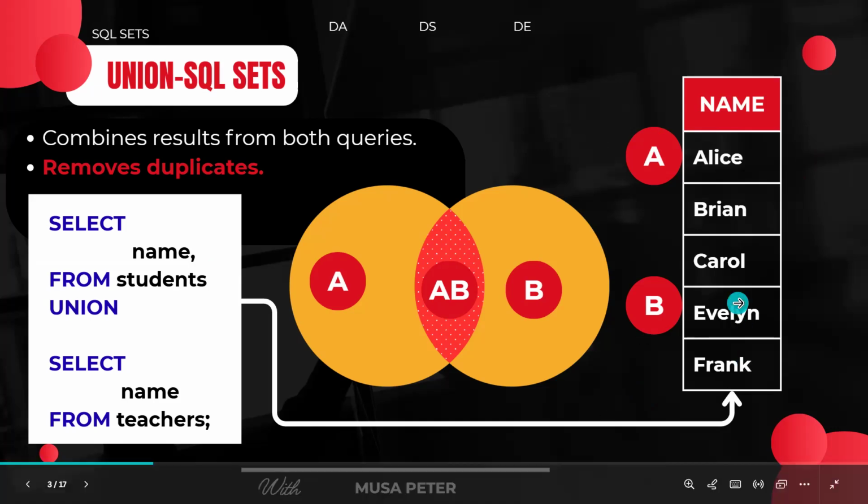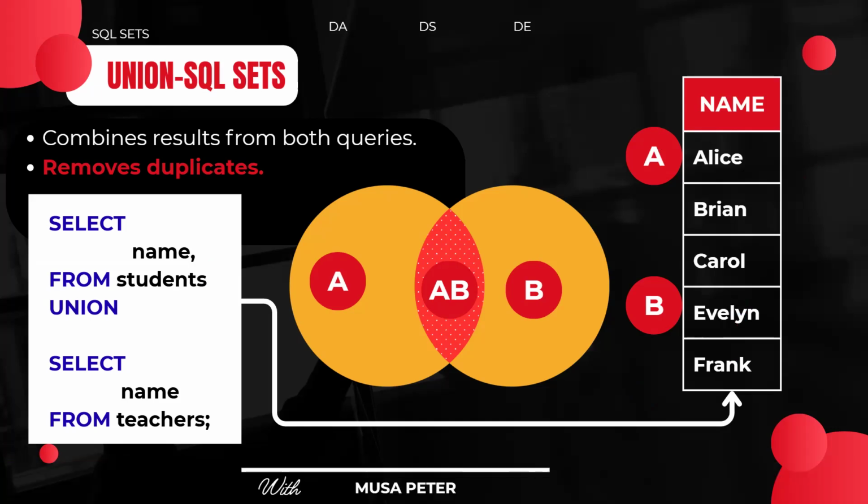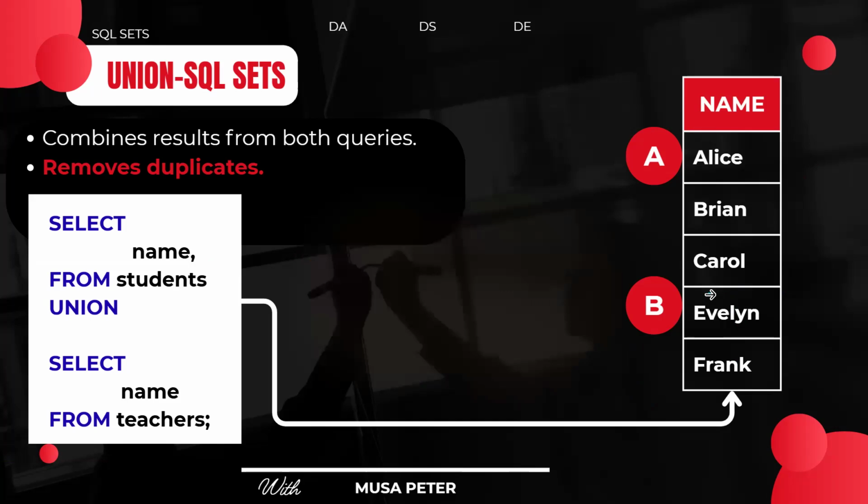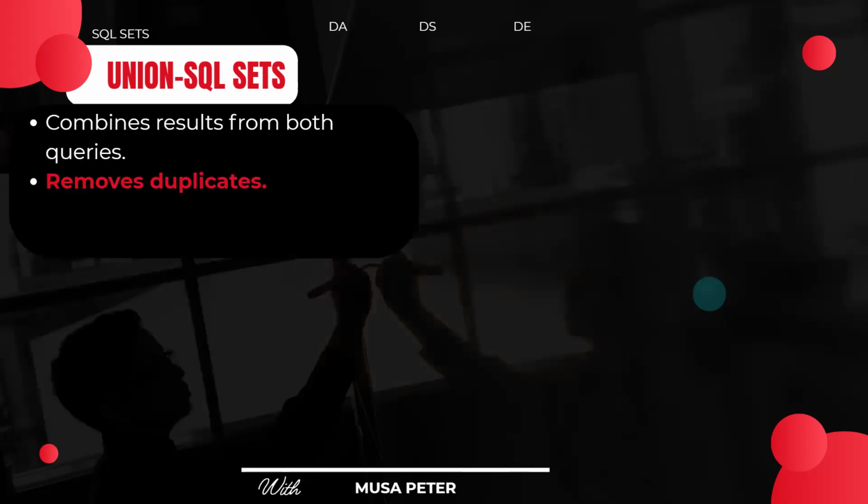And there are some other SQL sets that we are going to be using, and they are going to output maybe fewer rows. So whenever you use a SQL set, you expect the result to have either an increased number of rows or a decrease in the number of rows. Okay, so let us now proceed.